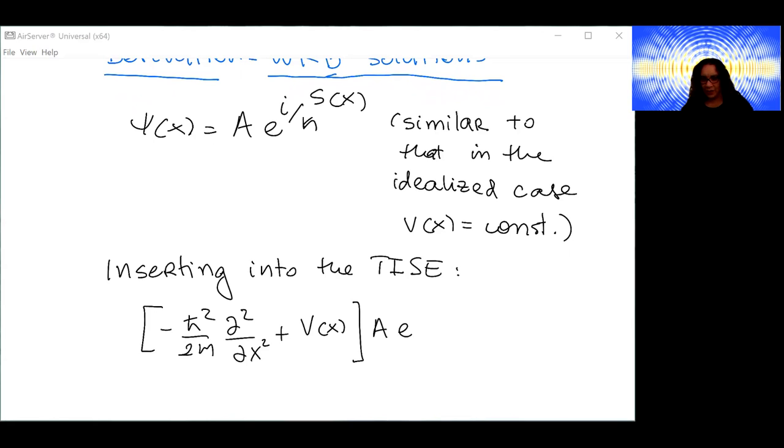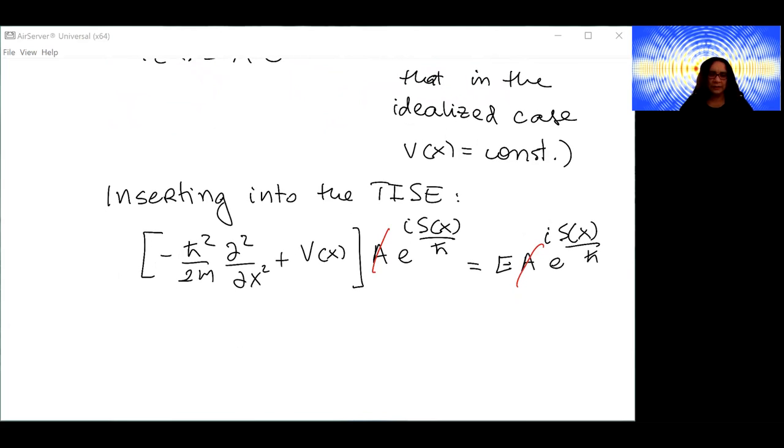The right-hand side is going to look like this, and we're now going to compute the left-hand side. So we need to have the second derivative of psi(x).